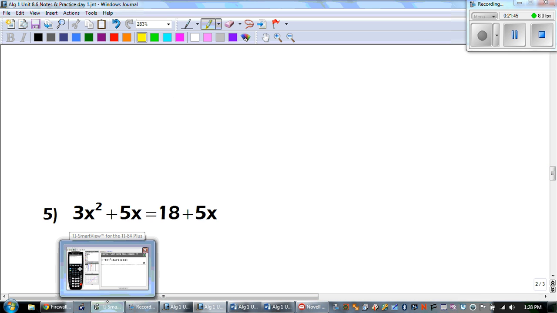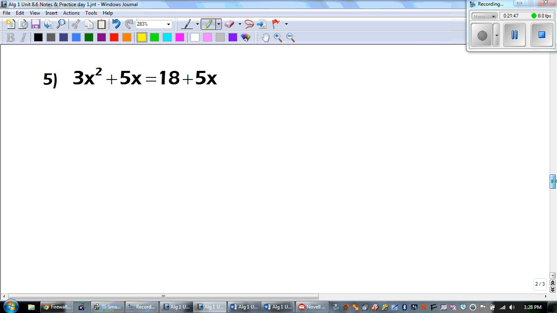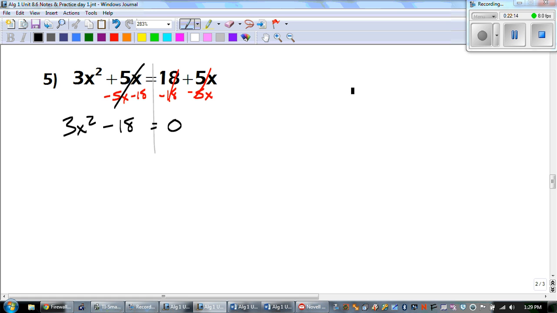Okay? And then the last one, number 5, I'll help you set it up, but then you guys are all on your own. Okay? So we're going to subtract the 5x to the other side, and I need to subtract 18. And then we get 3x squared, well, positive 5x minus 5x is 0, minus 18 equals 0.